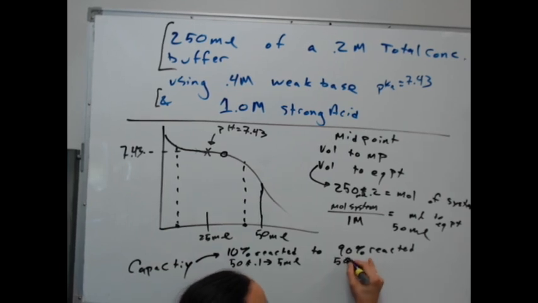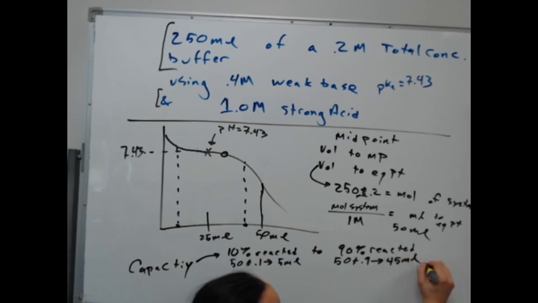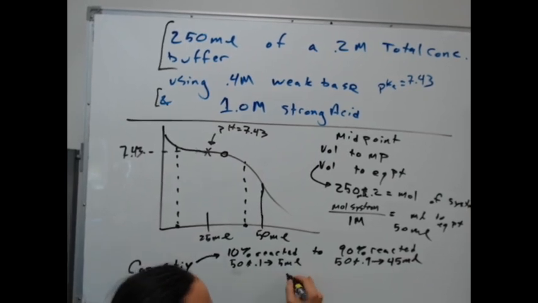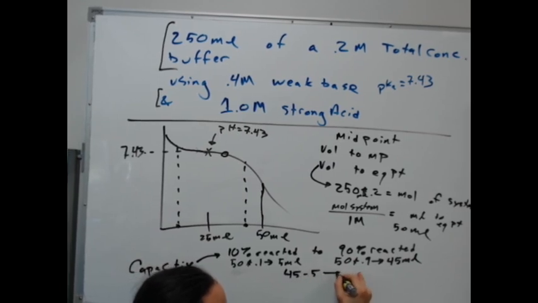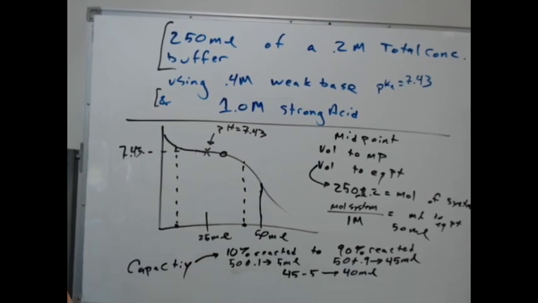And then I would do 50 times 0.9. That's going to give me 45 milliliters. Notice, take the difference. That's going to be the approximate buffer capacity. We can say it's something like 10% to 90%. That should be in the right ballpark.